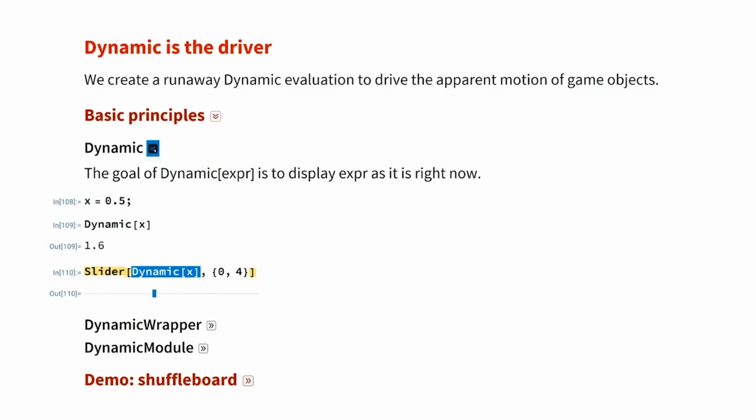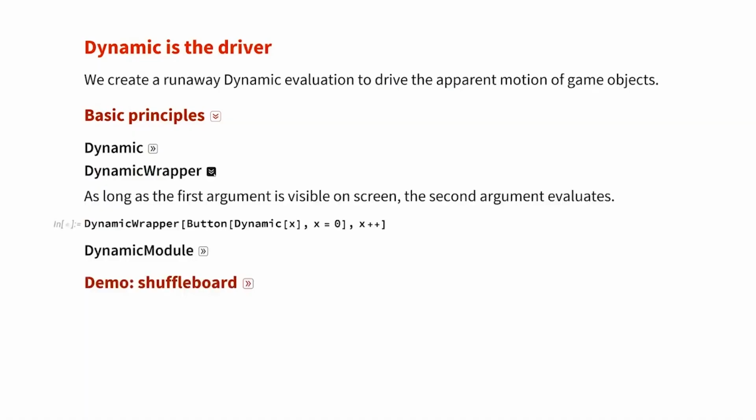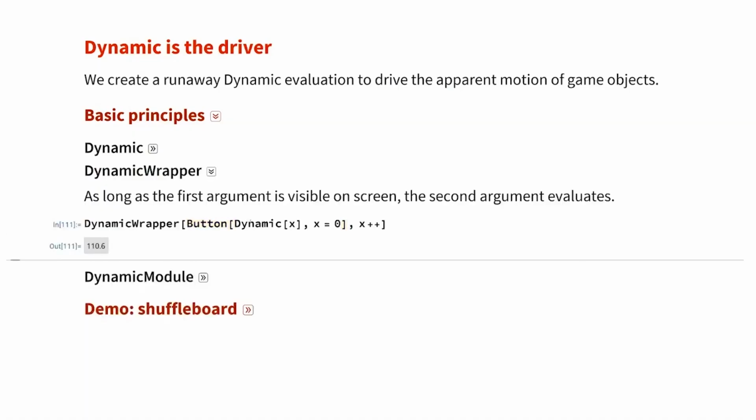So there is a cousin to Dynamic, DynamicWrapper. This gives us a bit more flexibility because now instead of the display being tied with the expression, we now can separate the expression that's going to be updated from what's displayed on the screen. And so I can still interact with that thing, which is just resetting the value of x to 0.